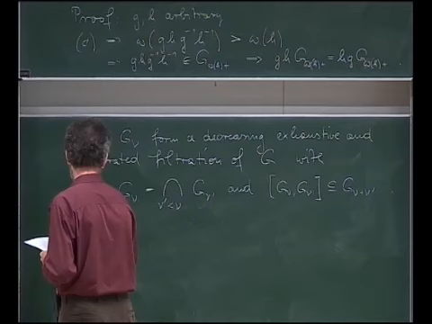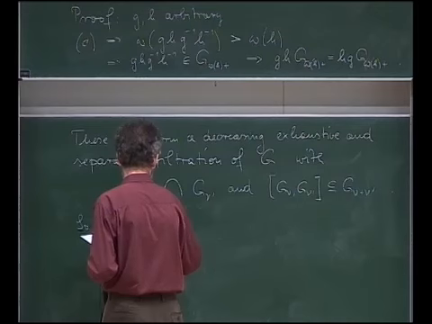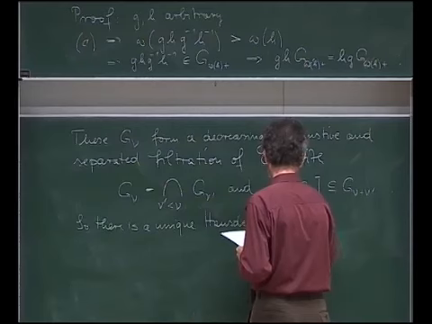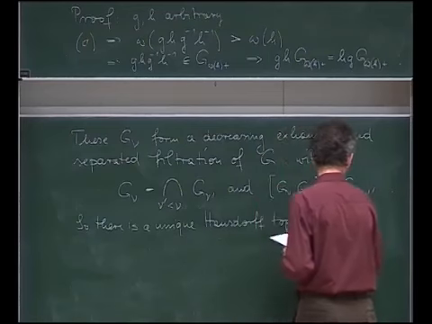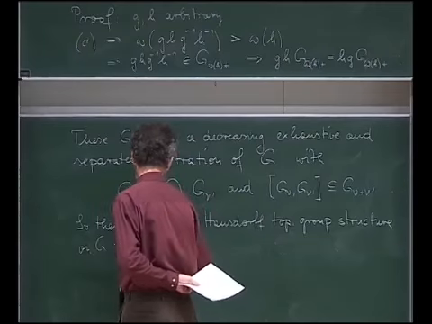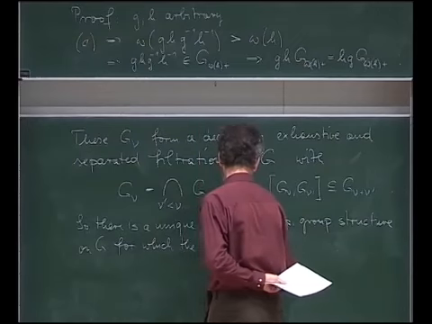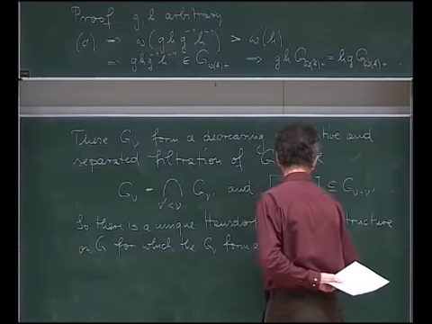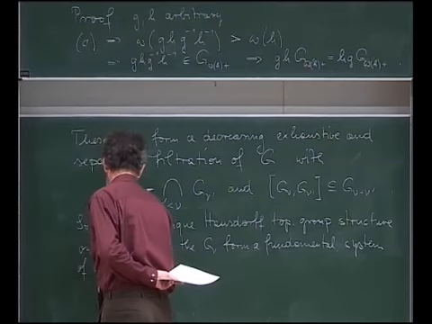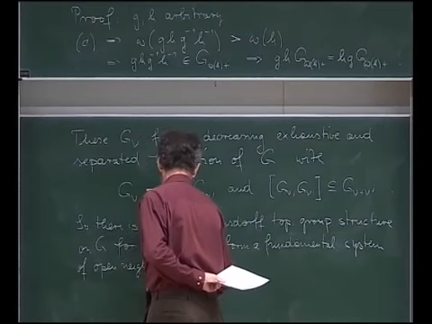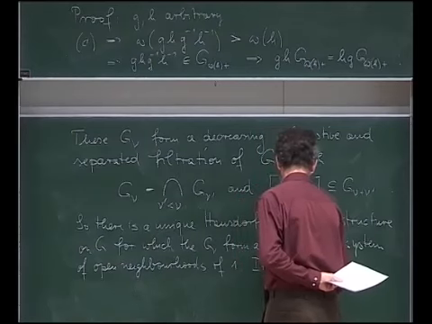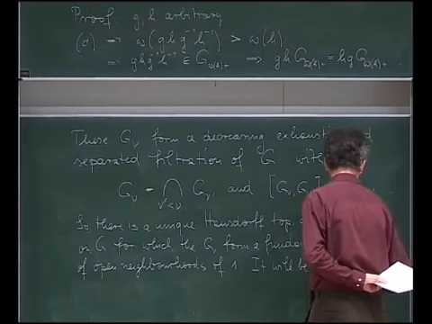Right, I mean this is all totally obvious from what was written before. And so actually I can give it now. There is a unique Hausdorff topological group structure on G for which the G in U form a fundamental system of open neighborhoods of the unit element.